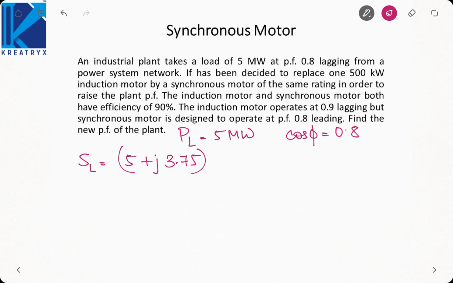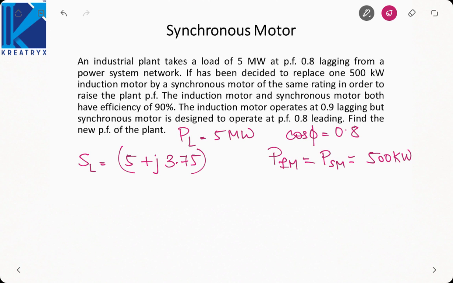This plant is taking a load of 5 megawatt. In that we have certain induction motors. Out of those induction motors, you are replacing one induction motor by a synchronous motor. So here the power of the induction motor and synchronous motor is the same, which is 500 kilowatt.